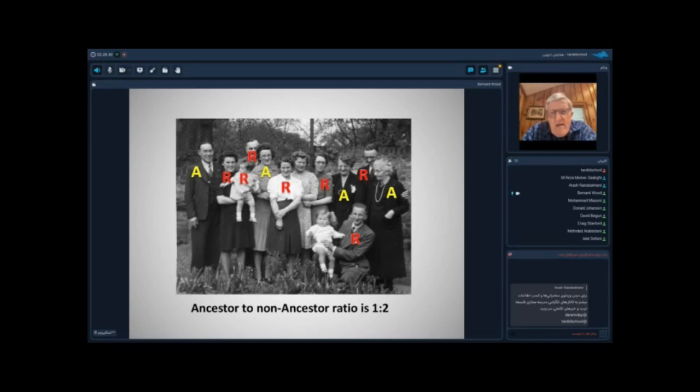So there are ancestors in that picture, but the bulk of people are either close relatives or my godparents, who are not related to me at all. So in that picture, the ancestor to non-ancestor ratio is much more equal.